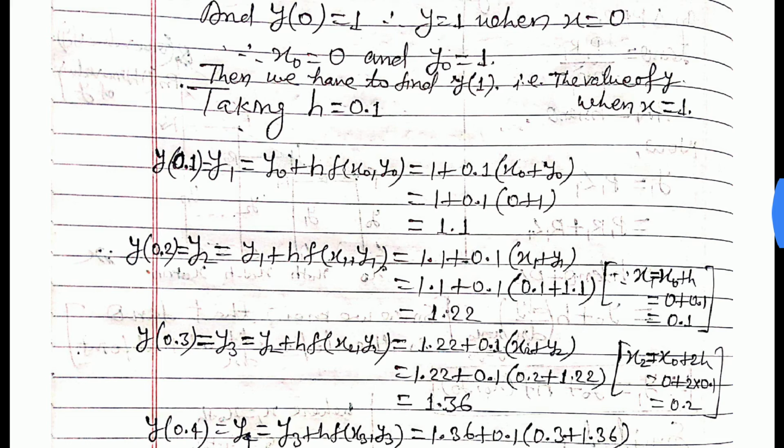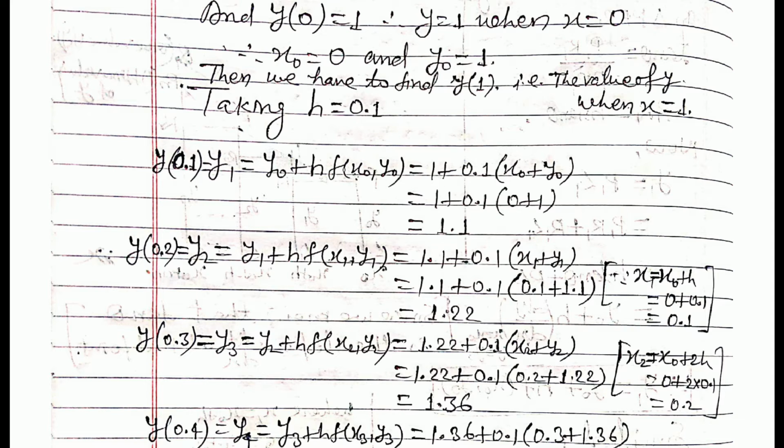So we start by taking h equal to 0.1 with the initial value x naught equal to 0. Here, y when x is equal to 0.1 is y1.